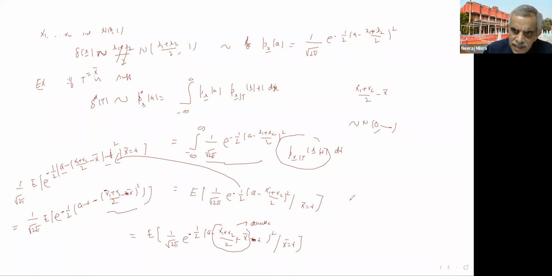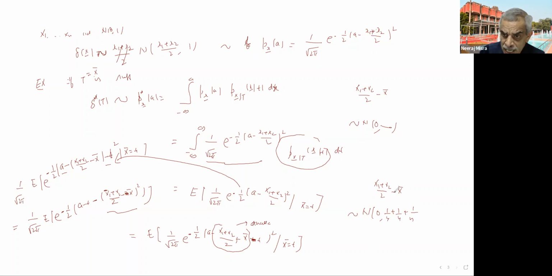Now let us look at x1 plus x2 by 2 minus x bar. What is its distribution? It is normal, because I have to take this expected value. It is normal with mean 0. What is the variance? Variance of x1 by 2 gives 1 by 4, variance of x2 by 2 gives 1 by 4, plus variance of x bar, which is sigma square by n, so 1 by n.